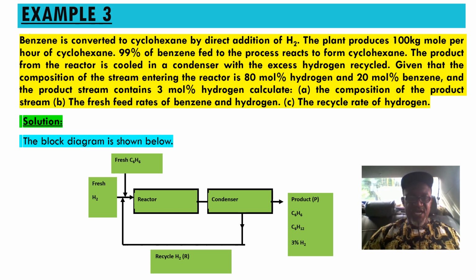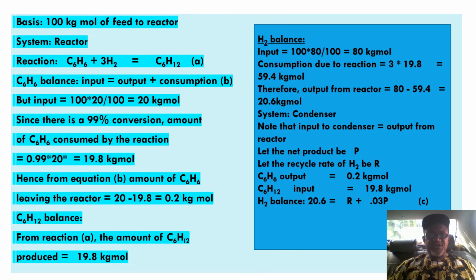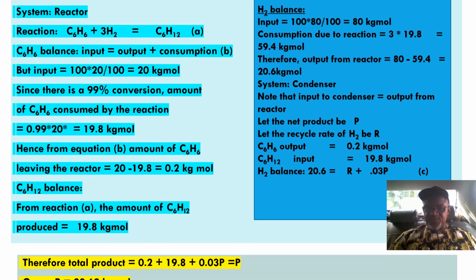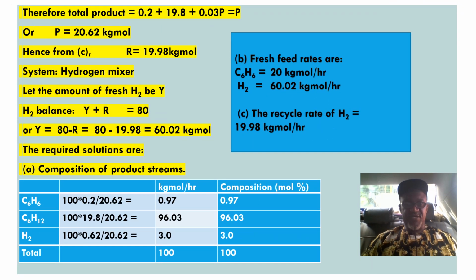So if you look at this, we now have recycle of hydrogen, passes through the reactor, goes through the condenser, then there's a recycled fraction, which means the fresh hydrogen feed, and then goes into the reaction. So take your time, look at the solutions to the problems we solved, and if there's any confusion, you ask your question in the group chat. That's still that same problem, and at the end we now have all our compositions of the product stream.